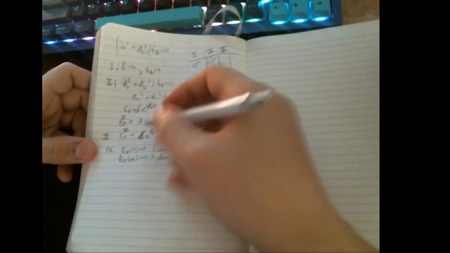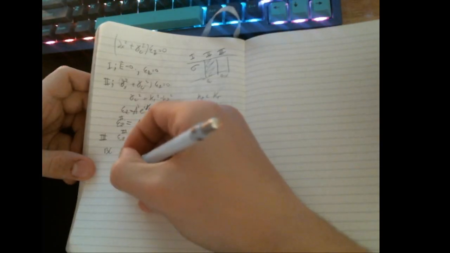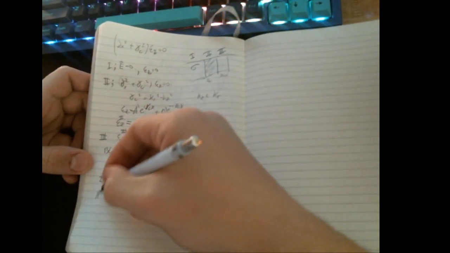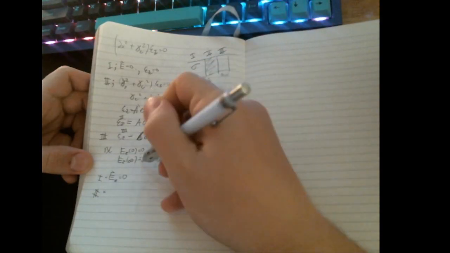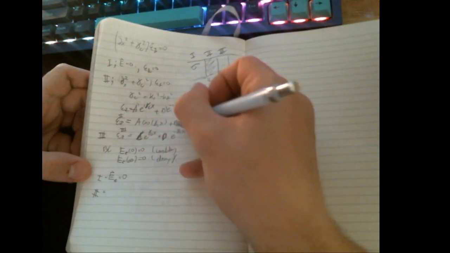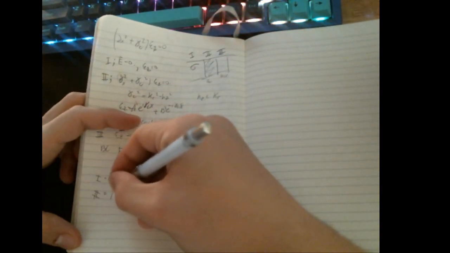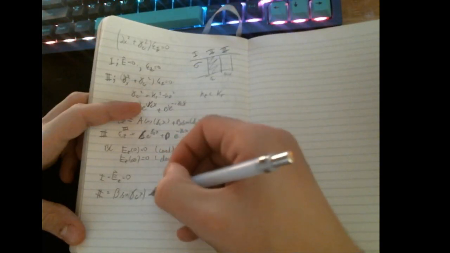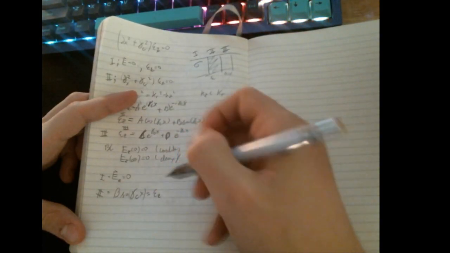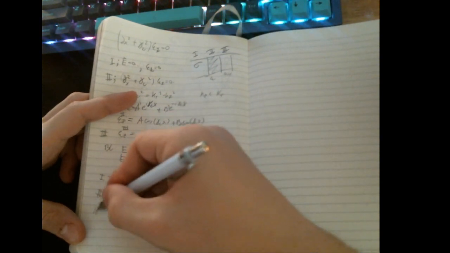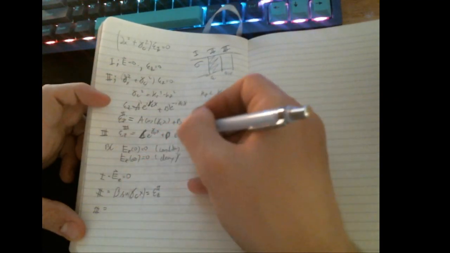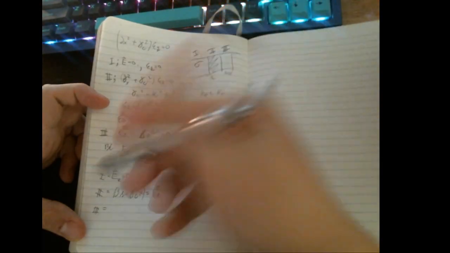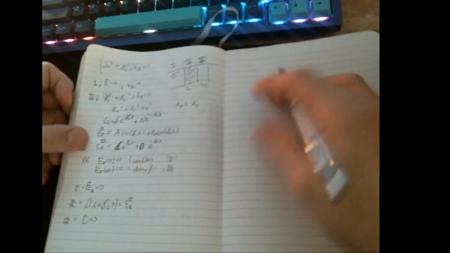So, okay, we got Ez, no problem. Here, we need to have Ez of 0 to be 0, so that means that A is 0, so we'll just call this B sine gamma c x. And then in 3, we just get this one, D equals 0, so C e to the minus gamma naught x. And so we have the full solution, basically.